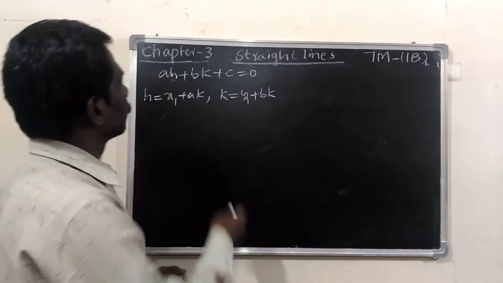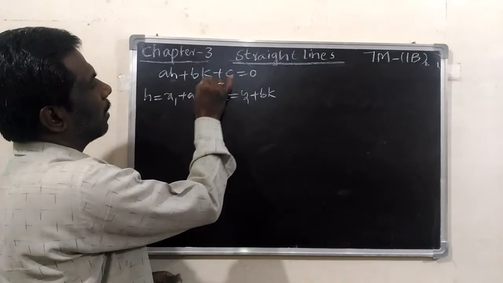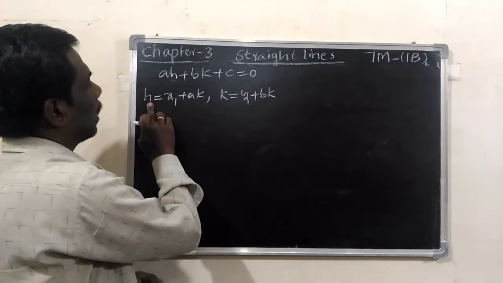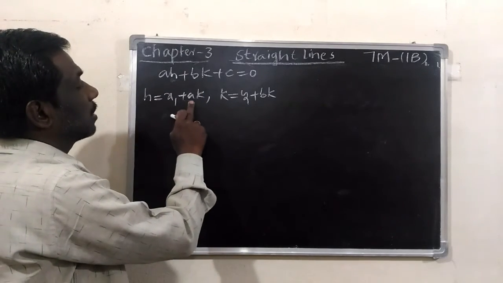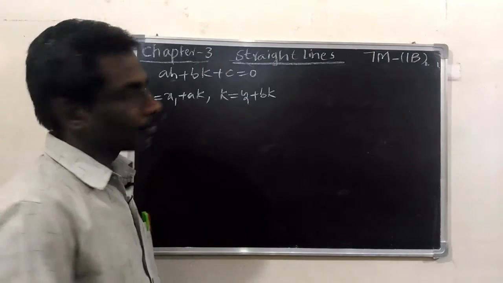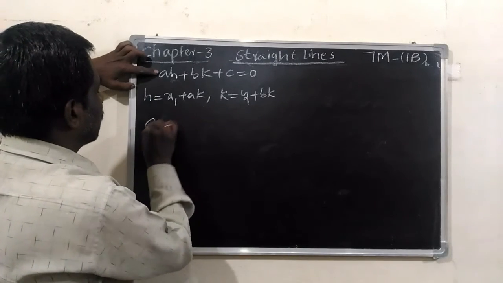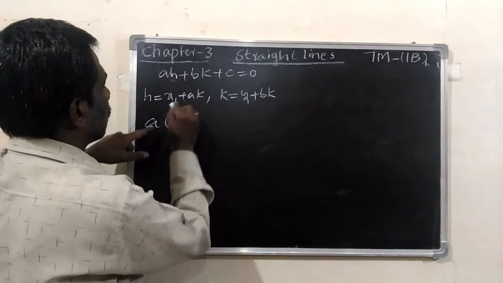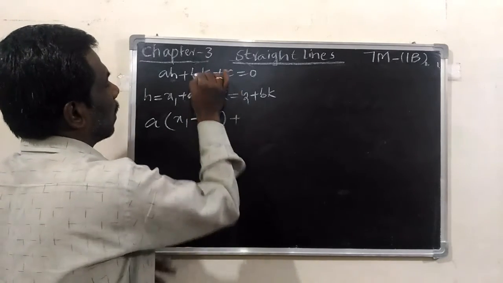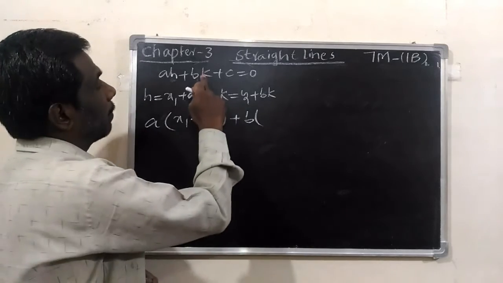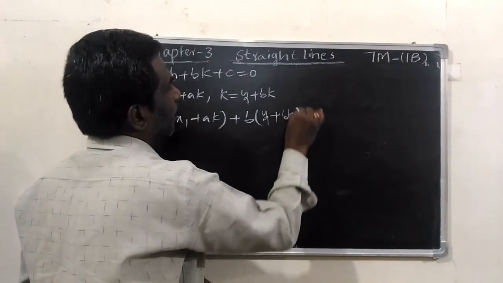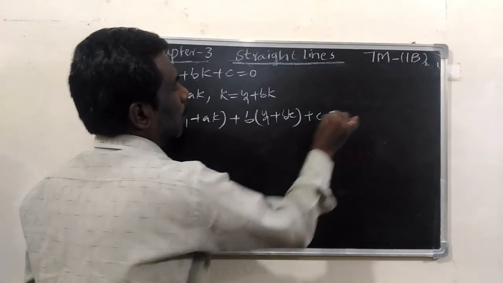Yes, now in the equation ah plus bk plus c equal to 0, I am going to substitute the h value as x1 plus ak and the k value as y1 plus bk. So I am writing a as it is, in place of h, x1 plus ak, plus writing b as it is, in place of k substituting y1 plus bk, plus c equal to 0.